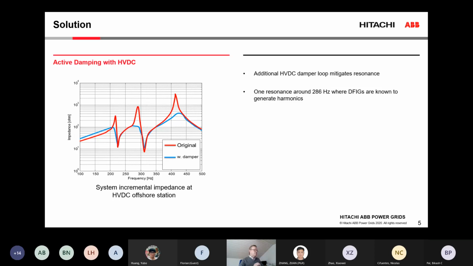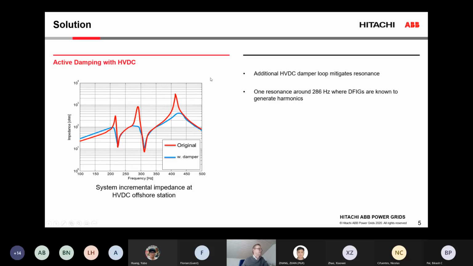We have a switching frequency of about 1.6 kilohertz in that HVDC system, and 290 hertz is well within the Nyquist frequency. So the Nyquist frequency will be around 825 hertz.